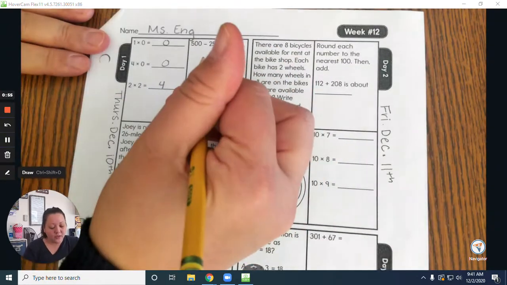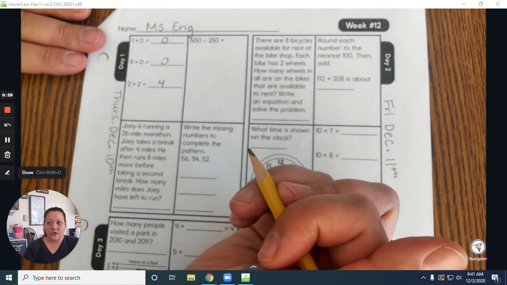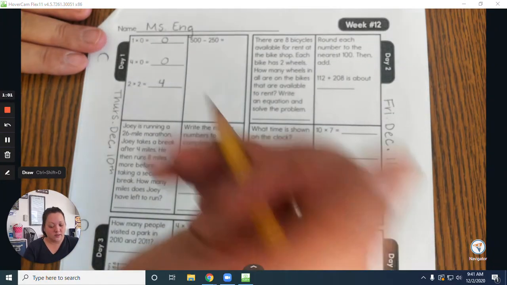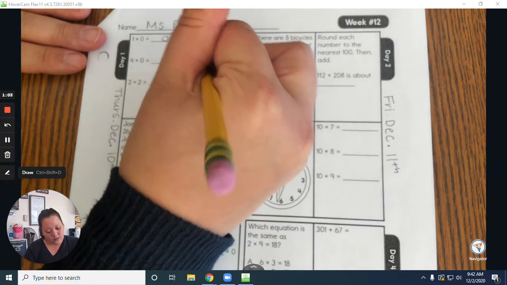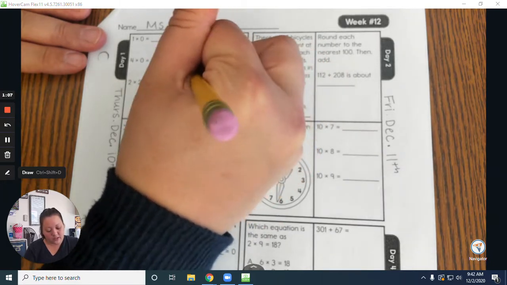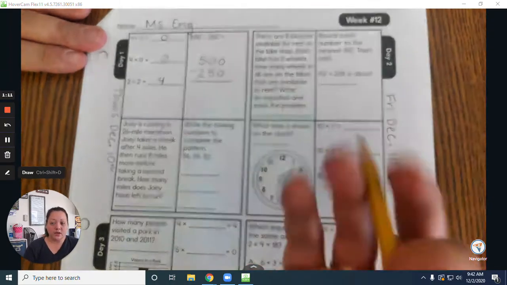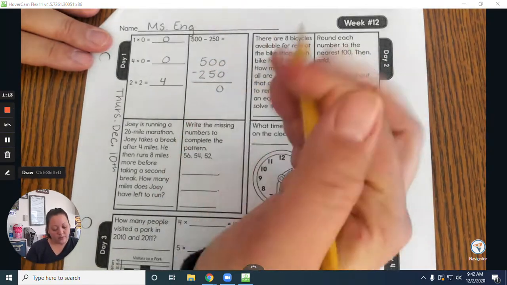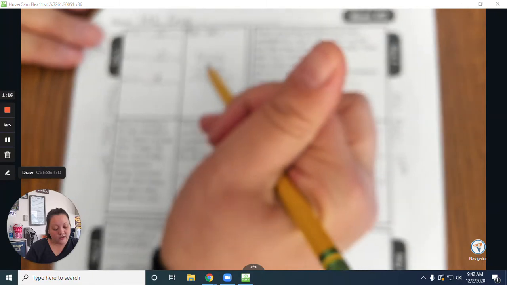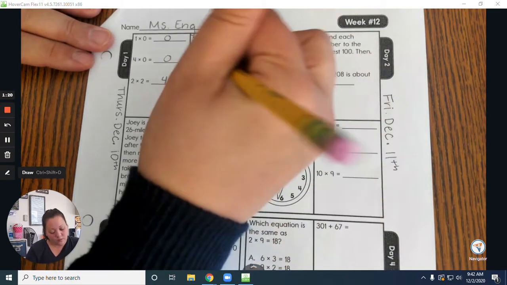Okay. 500 minus 250. So let's do the standard algorithm, because remember, we were going to try to practice borrowing. So 0 minus 0 is 0. Can I take 5 away from 0? I can't. So I need to borrow.